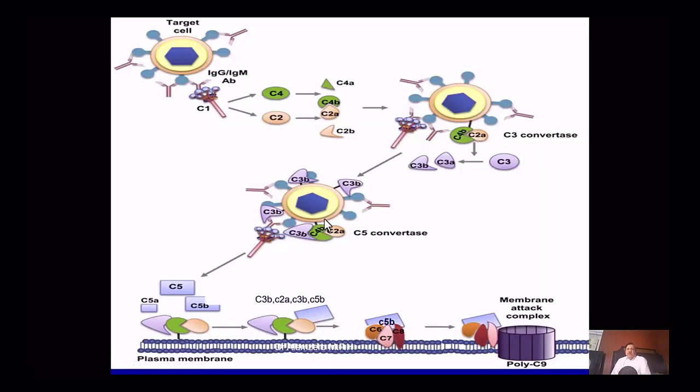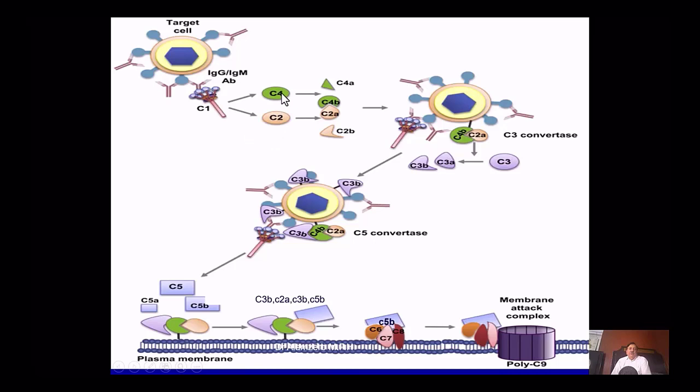Here in this large picture you can see a target cell or pathogen cell. It contains antigen on its surface, and when antibody attaches to it, it exposes the Fc portion on the tail of the antibody, to which C1 protein attaches. When C1 protein is attached, it activates C4 and C2.